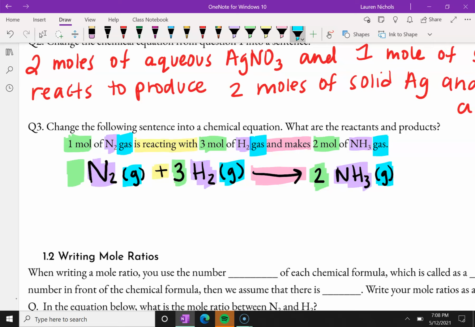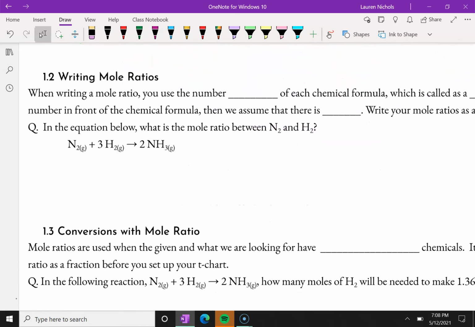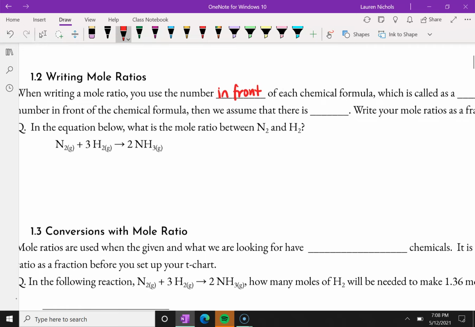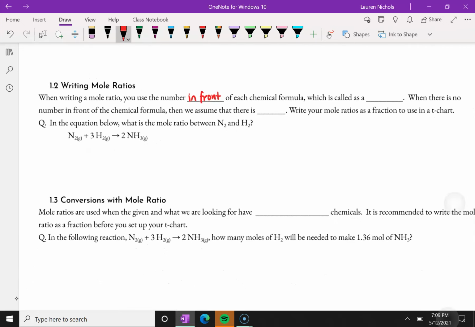So now we will get into skill number 2. The second skill we learned about was writing mole ratios. And when you're writing a mole ratio, you use the number in front of each chemical formula. And this is called a coefficient. Oh, I really needed to zoom out. This is called a coefficient, and that blank is way too small for my handwriting, so I'm going to write it here.